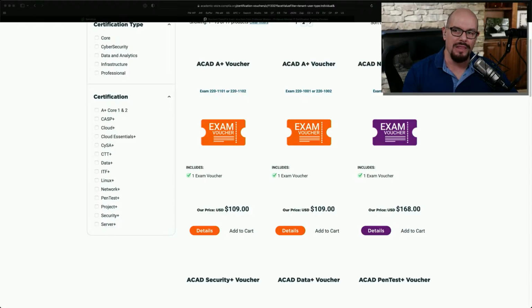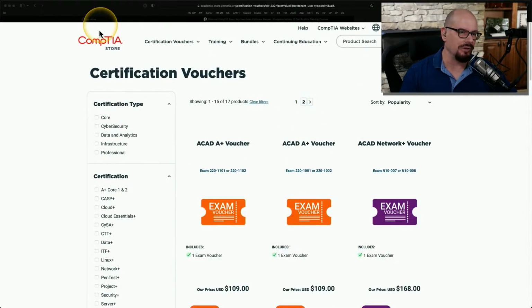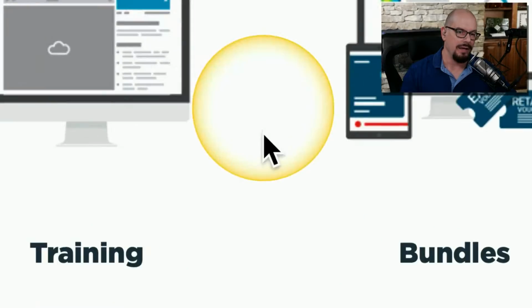The only way you can use these is if you are a student that is in classes. It goes through a verification process in the U.S. or Canada. I think those are the two. They give the details on how these are used. I don't buy these vouchers, so I don't know how they're used.